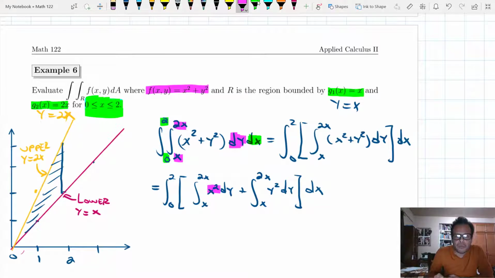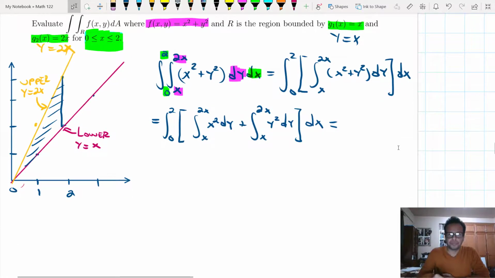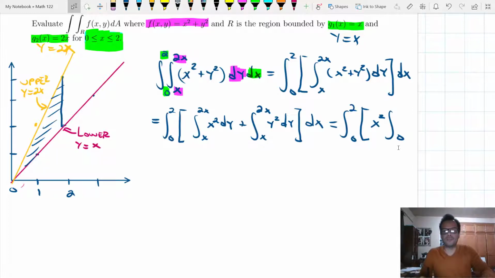Let's look at each integral. We are integrating with respect to y, but we have x squared there, so I'm going to write that x squared outside of the integral. So we have the integral from 0 to 2 of x squared times the integral from x to 2x of dy, plus the integral from x to 2x.